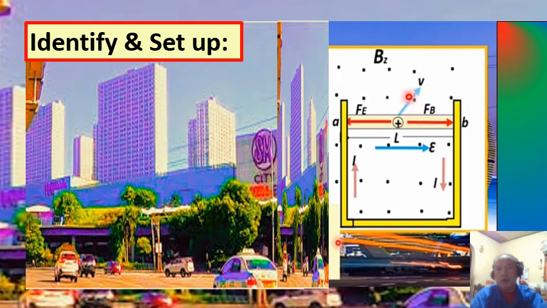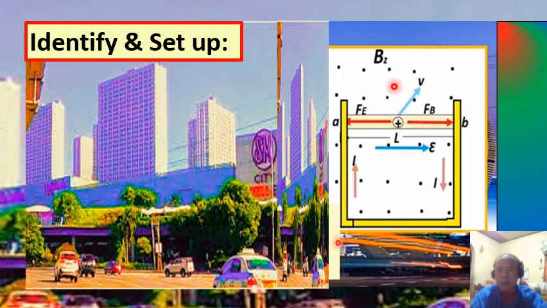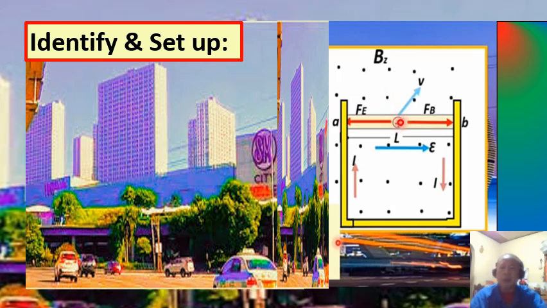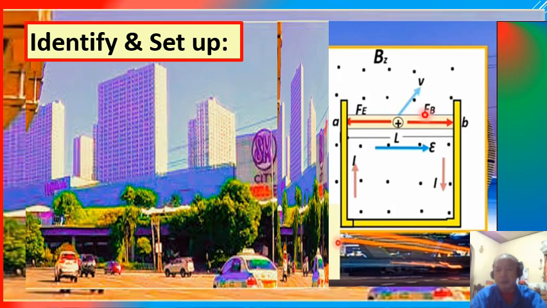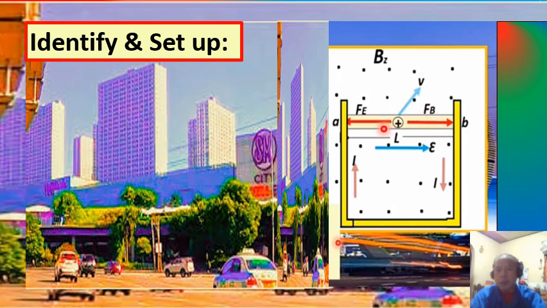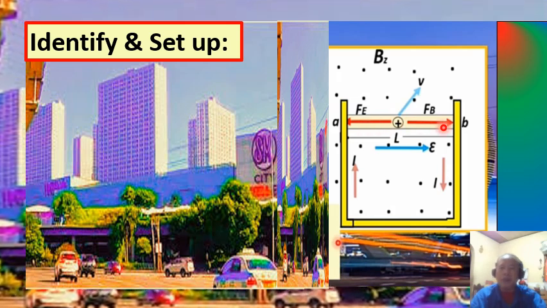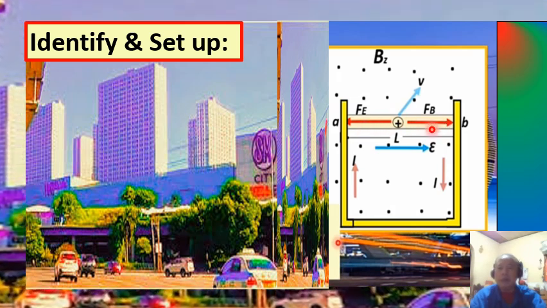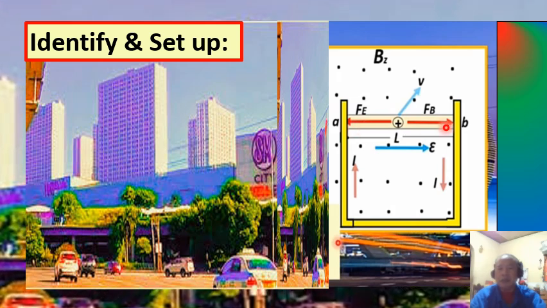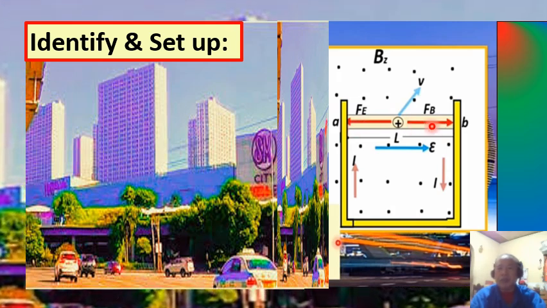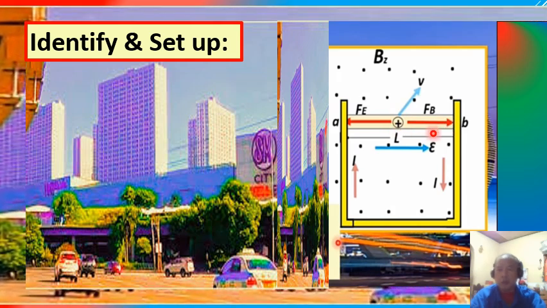Because of the motion of the rod cutting across the magnetic field, there is a magnetic force, denoted by F sub B, exerted on the free positive charges within the rod, right? The magnetic force is directed to the right. You can verify this direction of the magnetic force using your right hand rule.